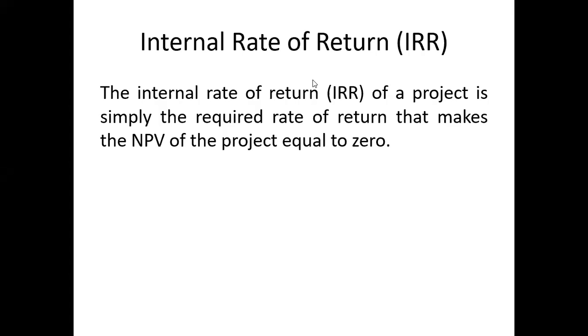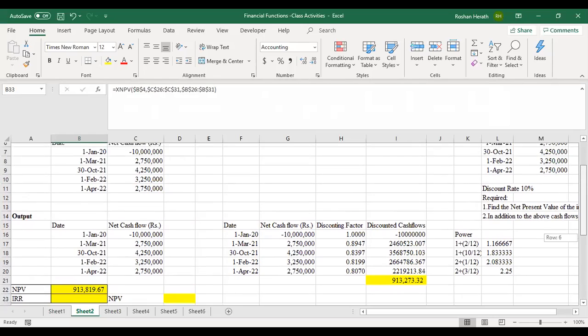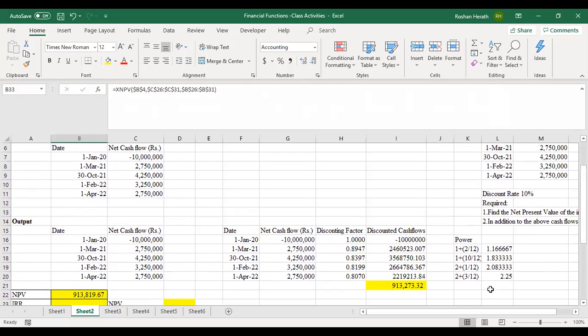Yes. XNPV is one of the important functions whereby we can get irregular cash flows calculated. Once it is calculated manually, it is not 100% accurate because the decimals may change. When you calculate with the manual system, it does not give the discounting factor as we expected from the discounting tables, so we need to recalculate. So if they have any questions related to that area, we can clarify that before we move on to the IRR.